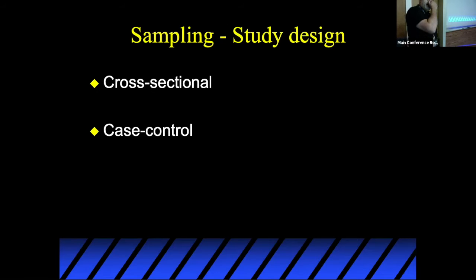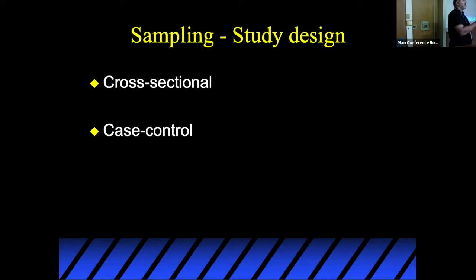All right, so for every research question, we need to have a proper design to address that research question. For a therapy question, you only pay attention to RCT, randomized controlled trials. For diagnostic accuracy, you need cross-sectional studies.